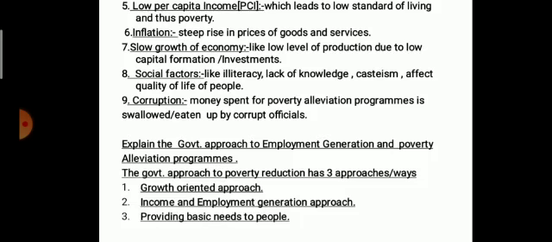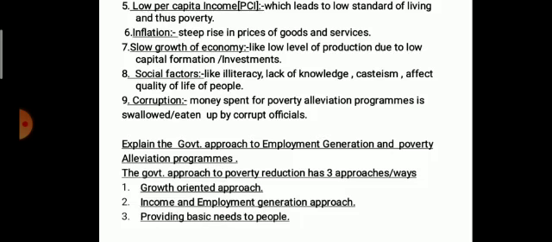Then lack of knowledge means they do not have proper skills because of lack of education. Then casteism: there are many religions and castes and subcastes, and that will affect the quality of life of people. Okay, social factors like superstitions are there. So all these factors also affect the economic growth of the people.